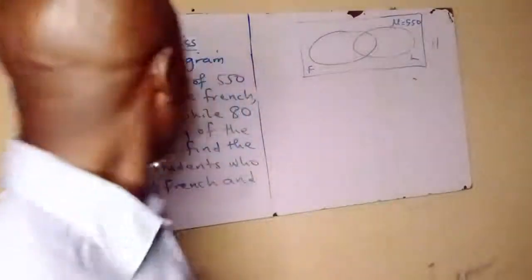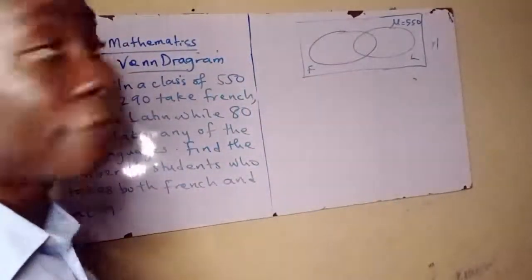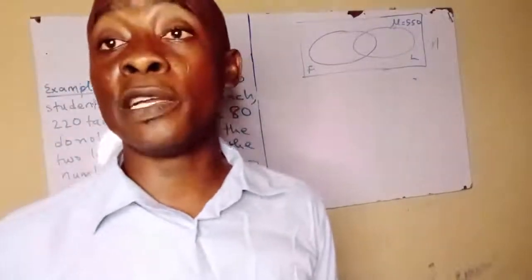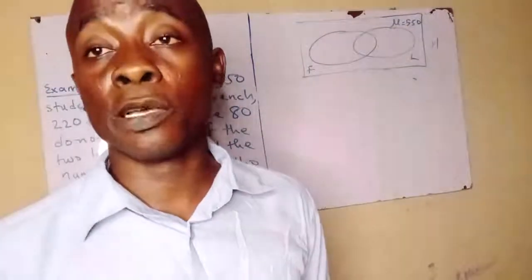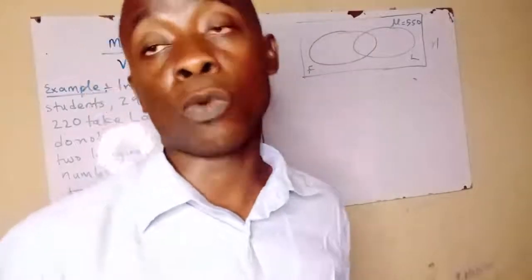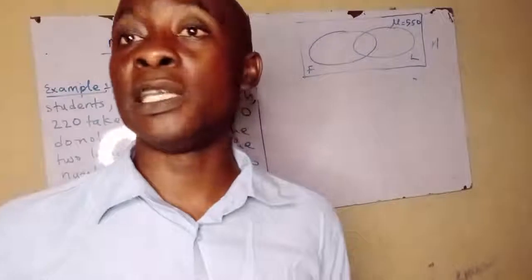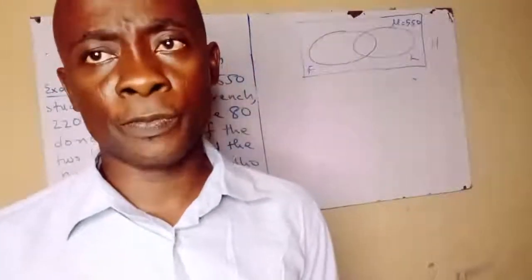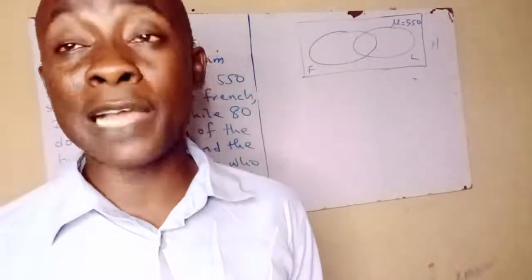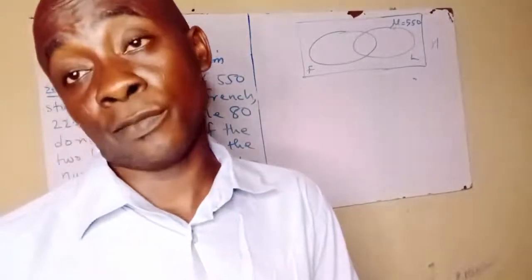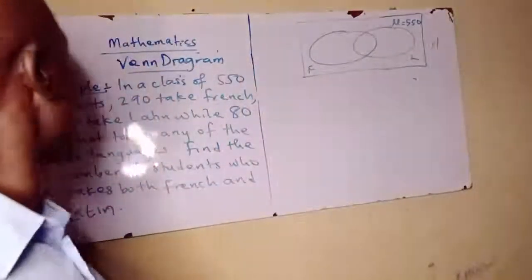Now, they say that 290 take French. There is one thing about this. We have to be very technical about what we usually hear in our question. They say 290 take French. They never said French only. Out of those 290, there could be some that are also taking Latin. Now, they say that 220 take Latin.